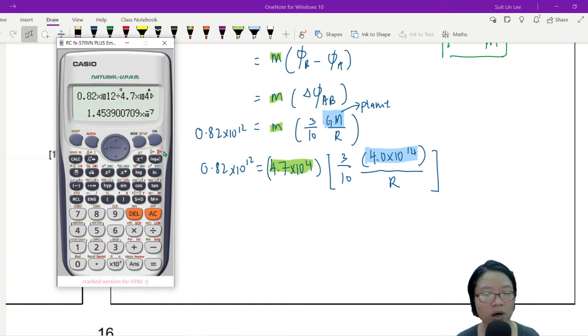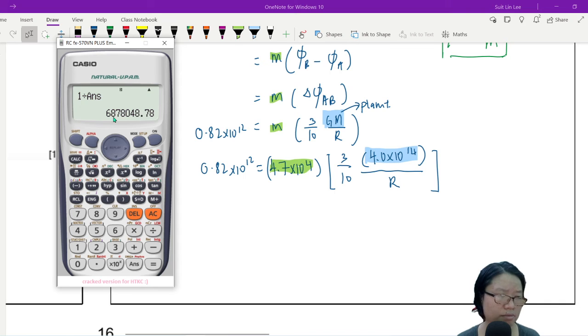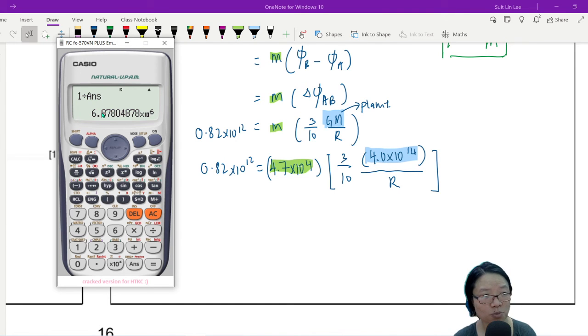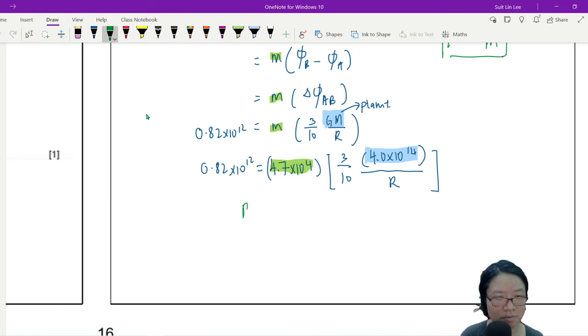This is 1 over R. Then I press 1 over answer. So we get 6.88. Pro tip: you could move the decimal point or you could press ENG, engineering. So 6.88 times 10 to the power of 6. That will be my R.